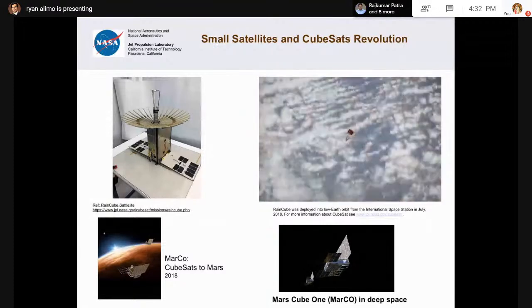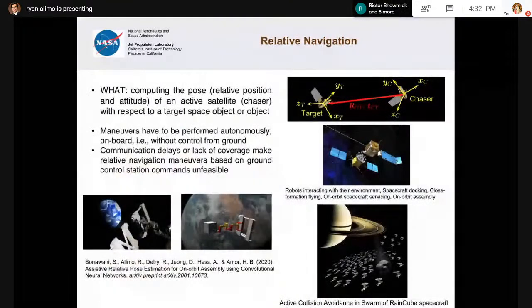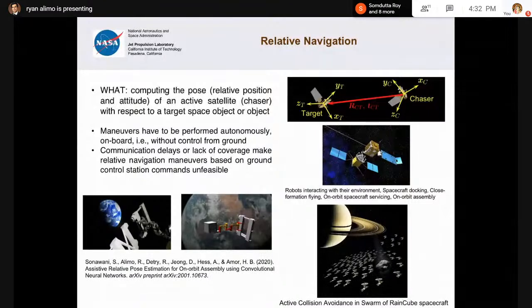However, autonomy and artificial intelligence and the control of how they need to work with each other is really important. So one of the important elements is relative navigation.